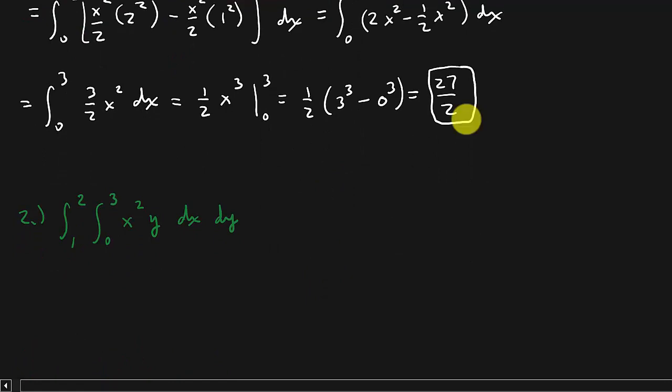All right, so I've got integral 1 to 2. Okay. Now, I'm integrating with respect to x first, so y is just treated like a number. So I'm going to add 1 to the exponent.